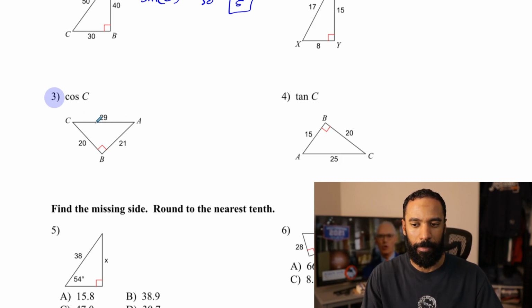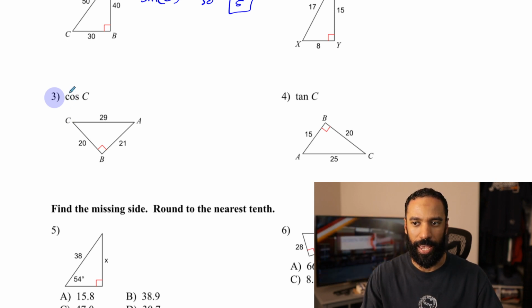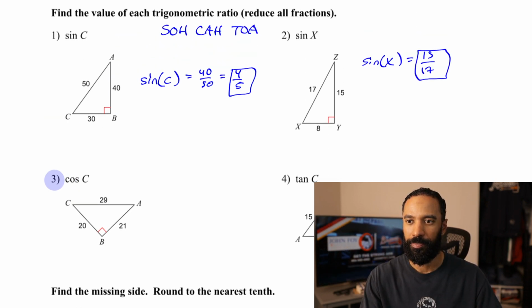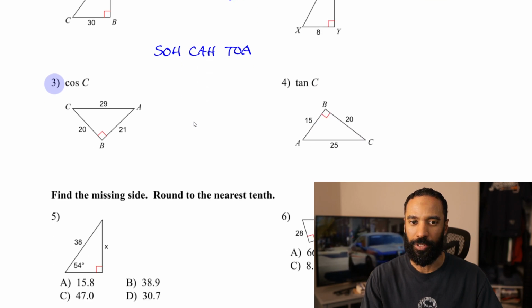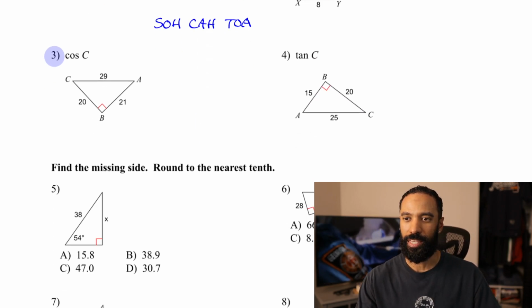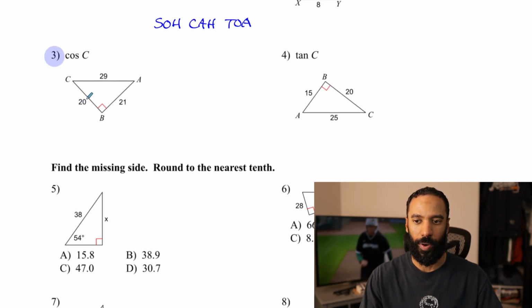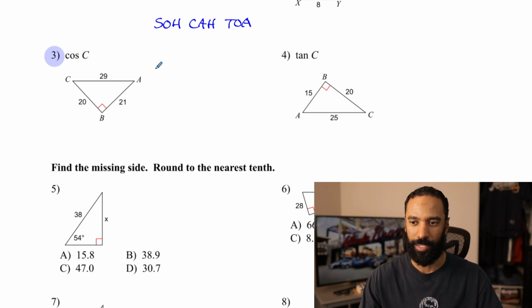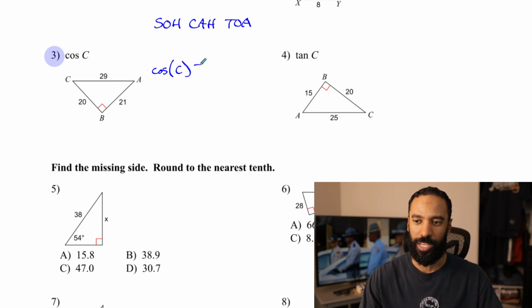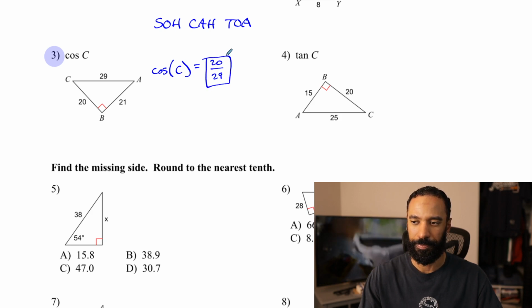Hopefully you recognize the hypotenuse is this guy over here, the 29. Now, angle C is right here. Cosine is adjacent over hypotenuse. So when we take the adjacent to angle C, that's going to be the 20. Hypotenuse is 29. So cosine of C is 20 over 29. That also cannot reduce. That'll be your fraction.